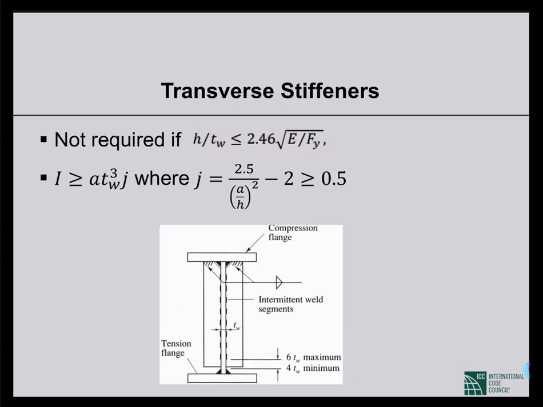But we have to give transverse stiffeners at the end panels, that is, where there are concentrated loads, like at the supports or the points where concentrated load will come onto a beam. Otherwise, to restrict shear buckling, we don't have to use transverse stiffeners if the h by tw ratio is less than this limiting factor.